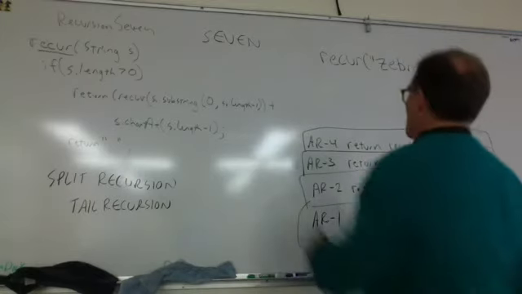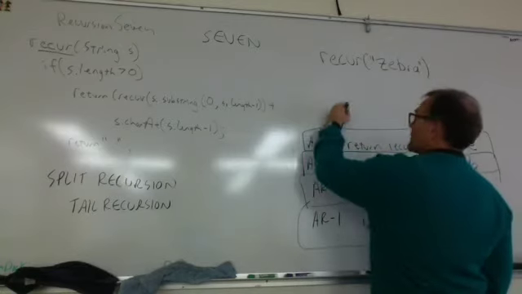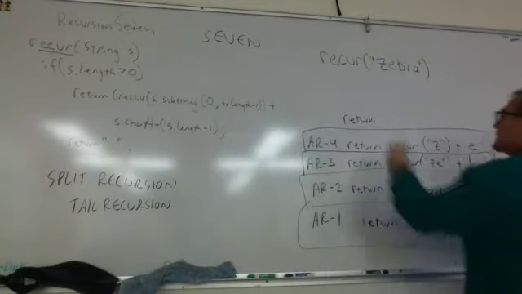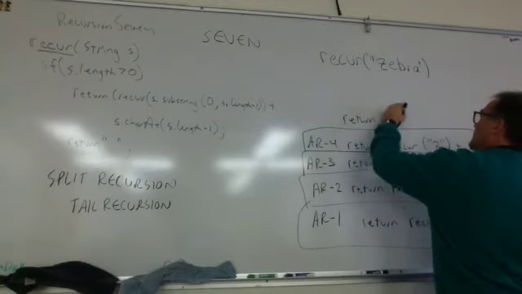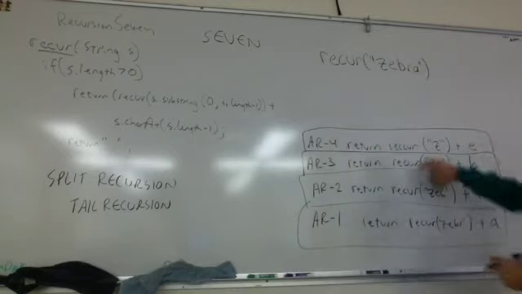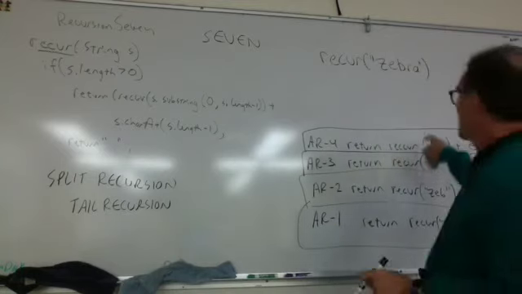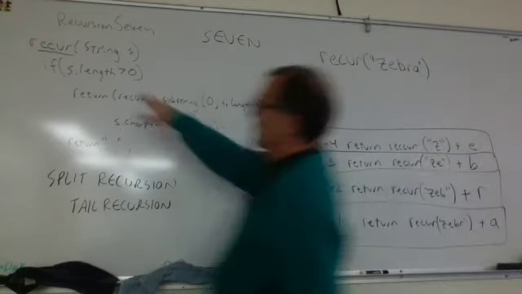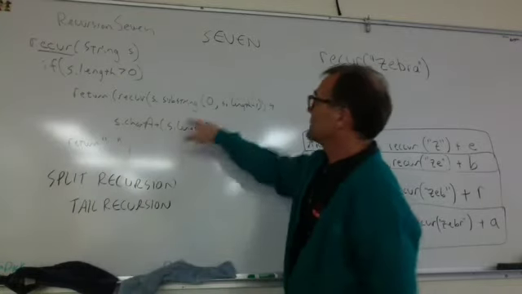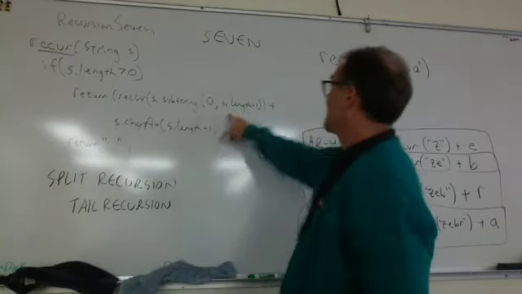Okay. Now we are calling recur. So now we are calling recur one more time with just the character Z. The length is greater than 0. So I take the substring from 0, omitting the last character.